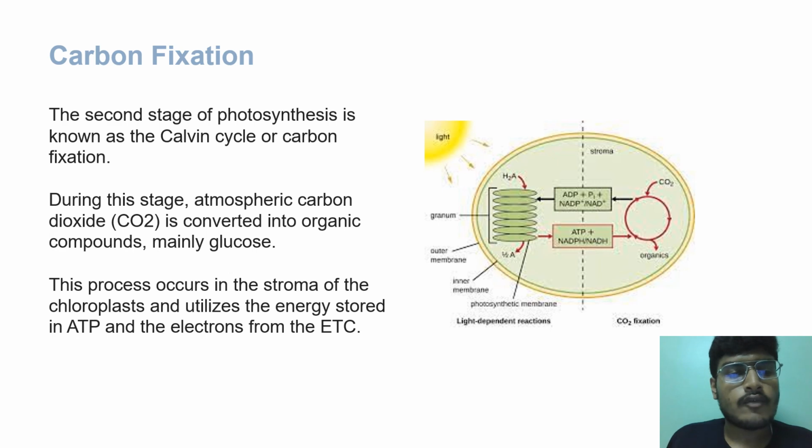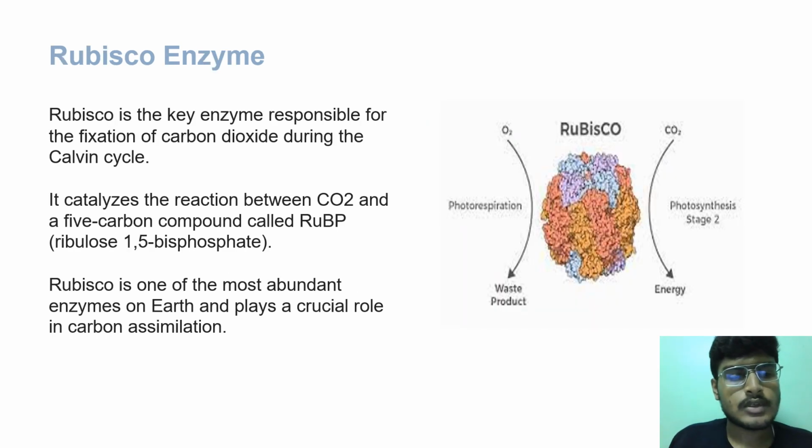The second stage of photosynthesis is known as the Calvin cycle or carbon fixation. During this stage, atmospheric carbon dioxide (CO2) is converted into organic compounds, mainly glucose. This process occurs in the stroma of the chloroplast and utilizes the energy stored in ATP and the electrons from the ETC. Rubisco enzymes.